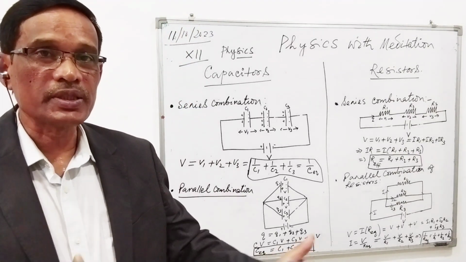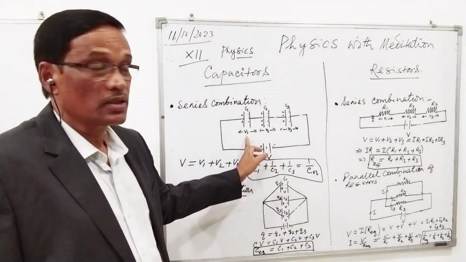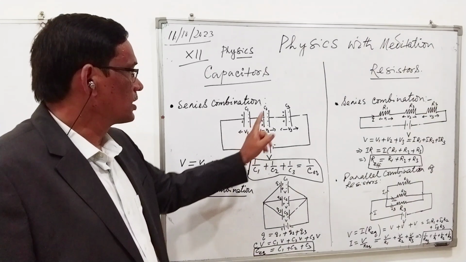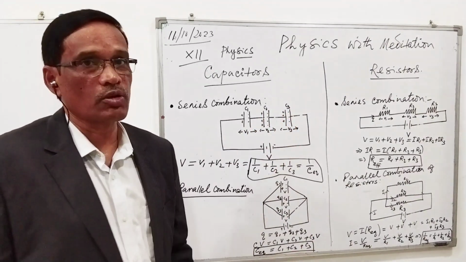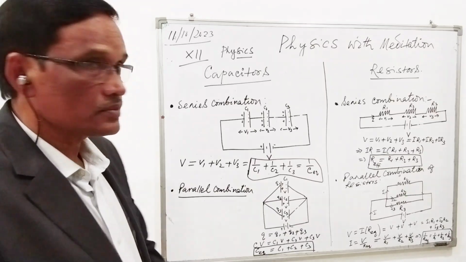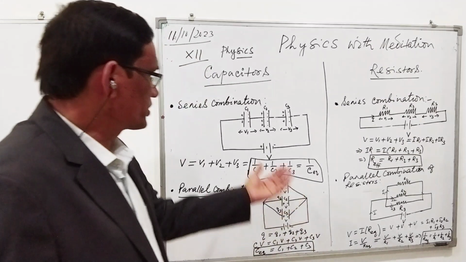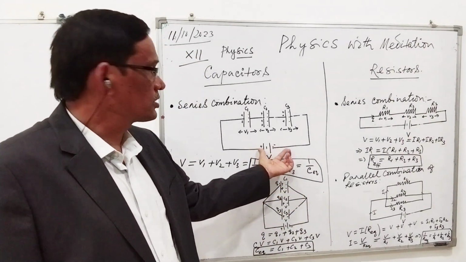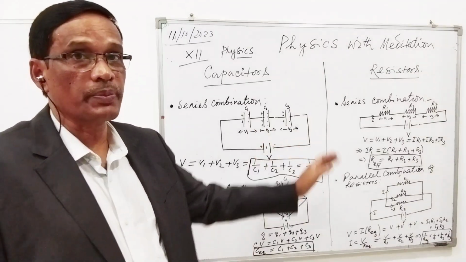That means the potential which will be developed here in the first capacitor will be V1, the second capacitor will be V2 and the third capacitor will be V3, right? But as you know the conservation rules, the potential which is supplied from the source will be equal to the potentials developed across the capacitors.